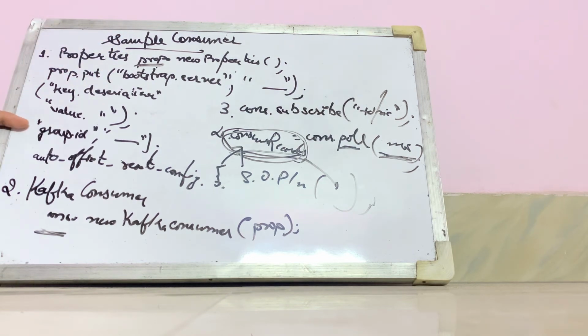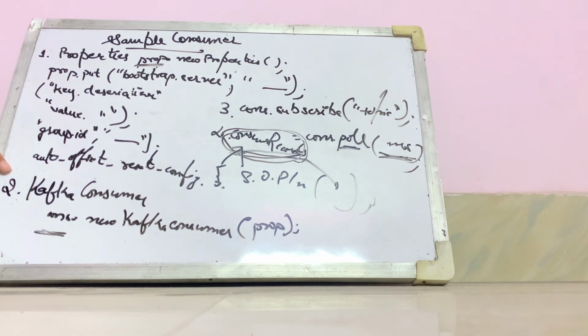Then there is a group ID associated with every consumer, which is the consumer group ID. We should create one for our consumers. Then the auto offset reset config will say whether we have to read from the earliest or from the latest index.